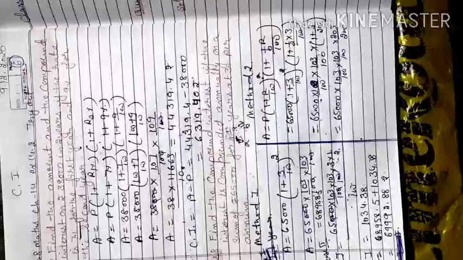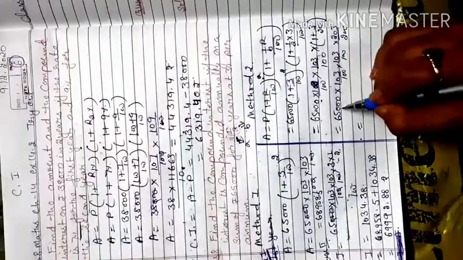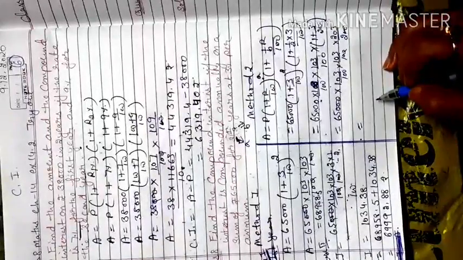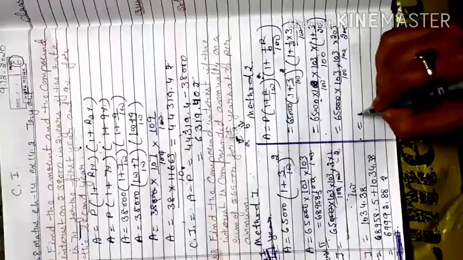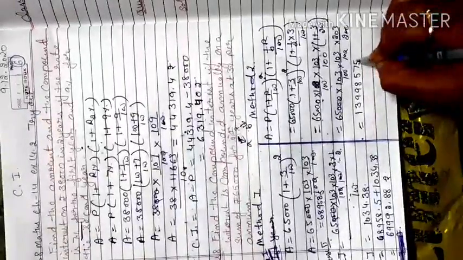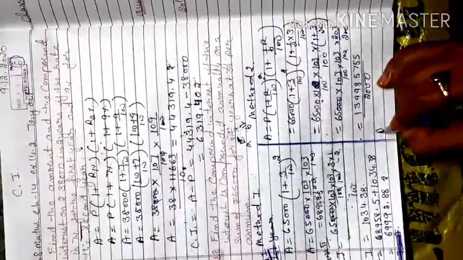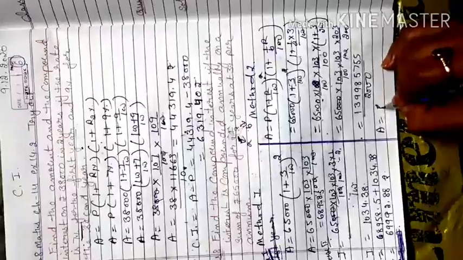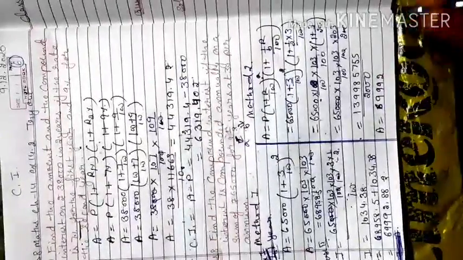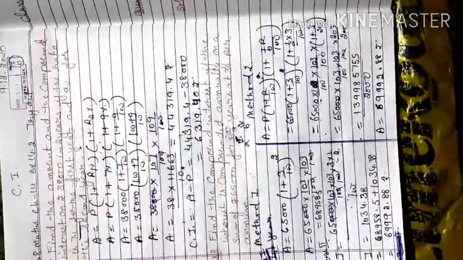After multiplication, if 3 zeros are cancelled, only 3 zeros are left downward and 1 2 is there, so that is 1,399,85755 divided by 2000. So my required amount will be 69,992.88 rupees, exactly the same.